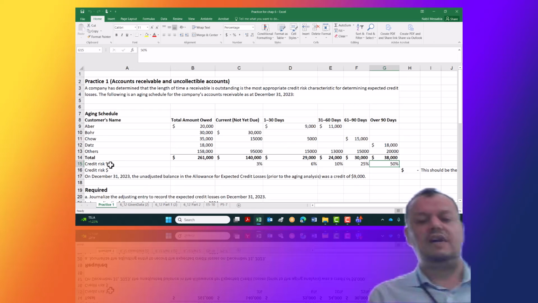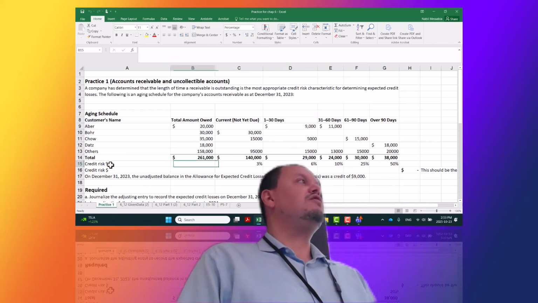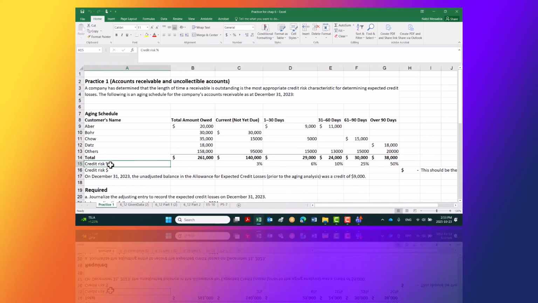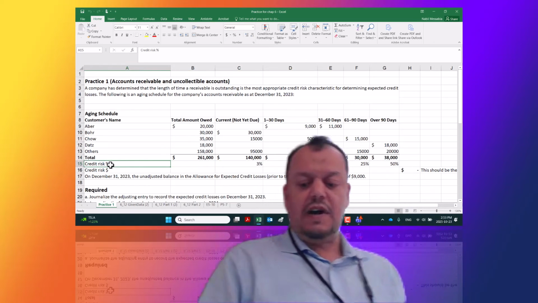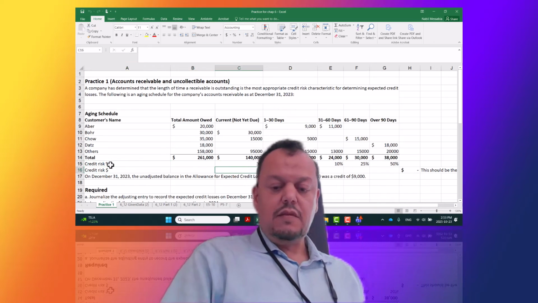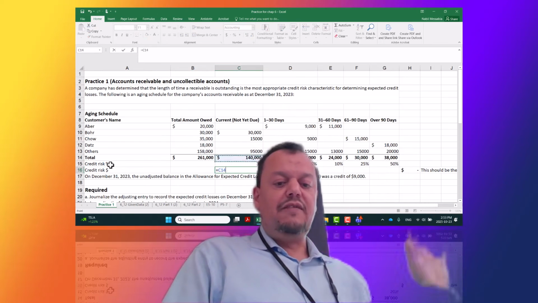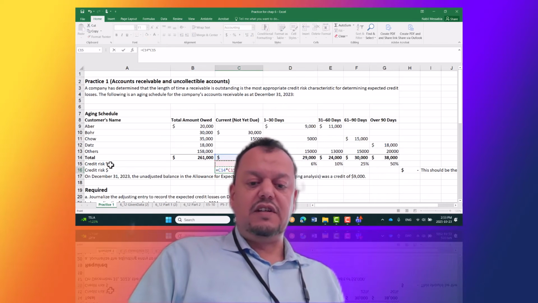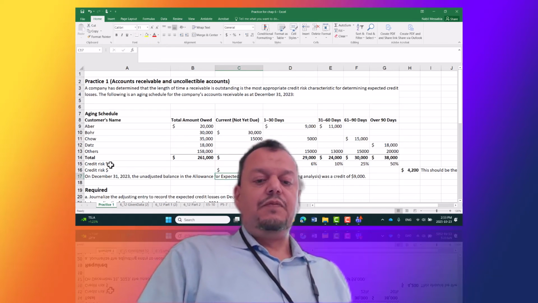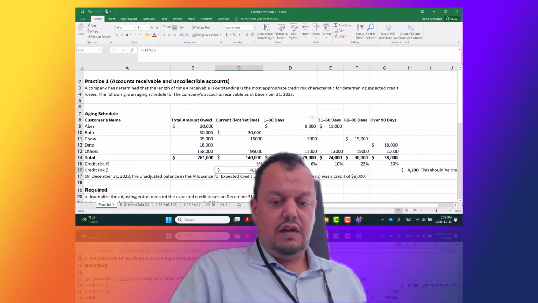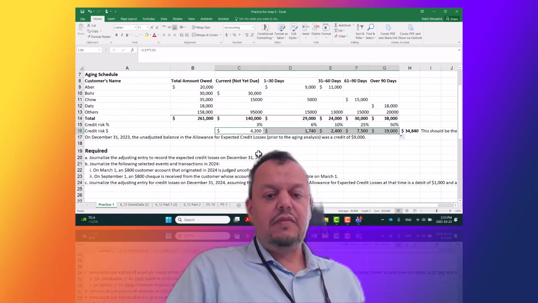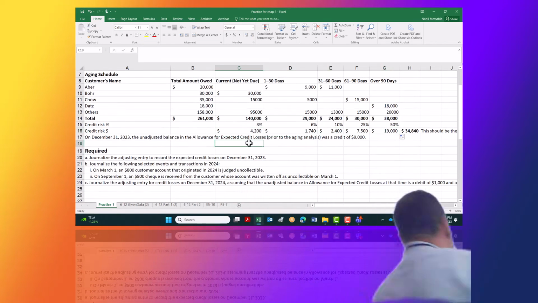So we first calculate the dollar amount of the risk based on those percentages and the total amount of the receivable. Simply multiply the total for every age, every category, by the risk percentage. Okay, and then we get the dollar amount for every category.